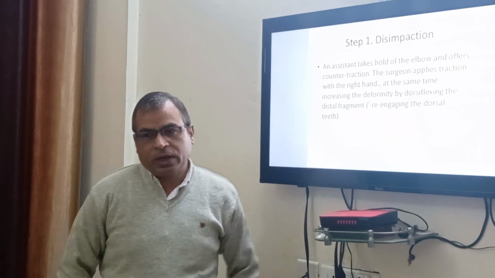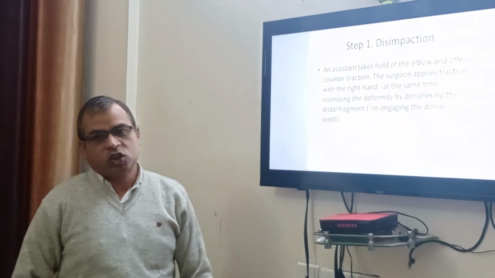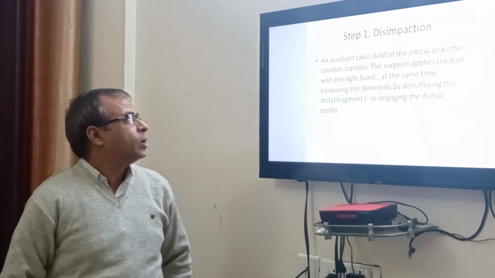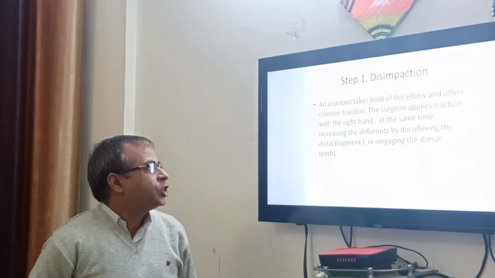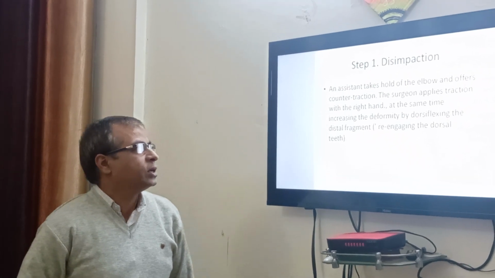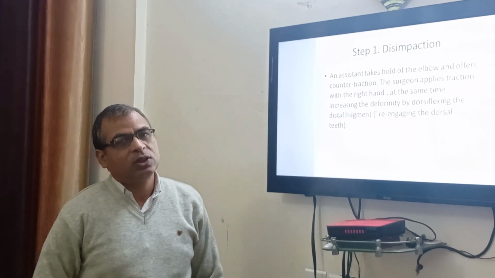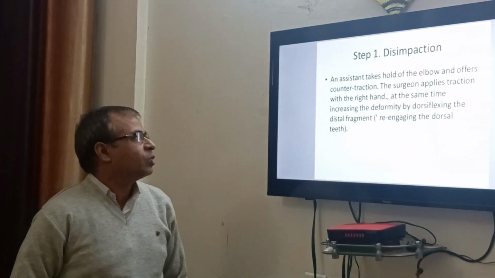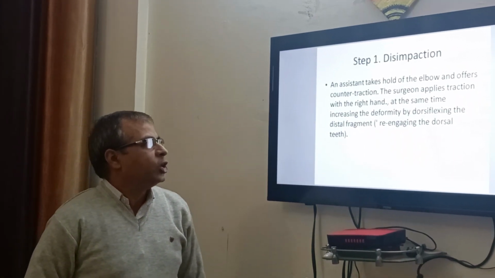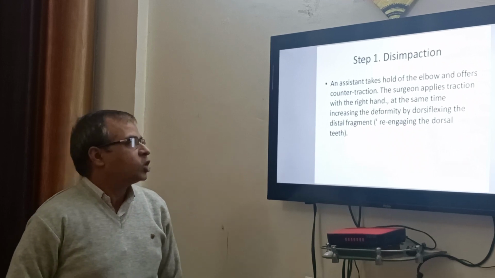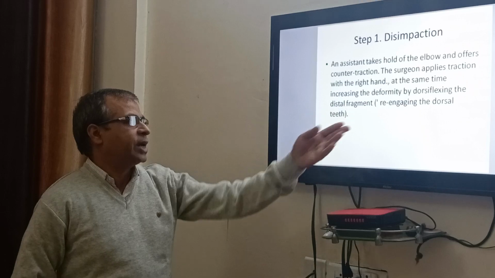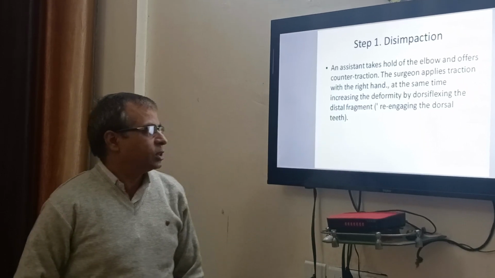So there are different steps for reduction of the Colles fracture. First is the disimpaction. An assistant takes hold of the elbow and offers counter traction. The surgeon or the chief who applies the plaster applies traction with the right hand, at the same time increasing the deformity by dorsiflexing the distal fragment, disengaging the dorsal teeth.